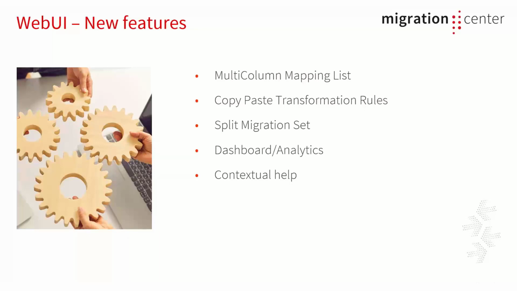We also provide copy-paste transformation rules functionality, so you can select one or multiple transformation rules from a mix set and paste them to another mix set. This was requested by many of our customers. We also provide a way to split a migration set.